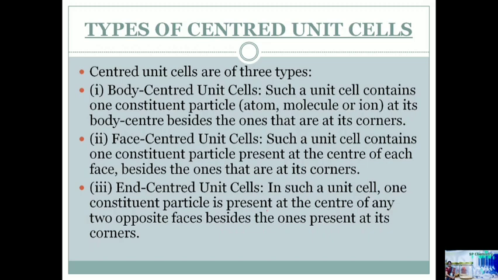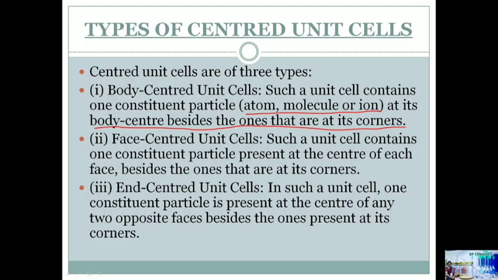Then types of centered unit cell. So centered unit cell are of three types. First one, body centered unit cell. So body centered, from its name we can say such unit cell contains one constituent particle. Constituent particle may be atom or group of atoms, molecule or ion at its body centered, besides the ones that are at its kernel.